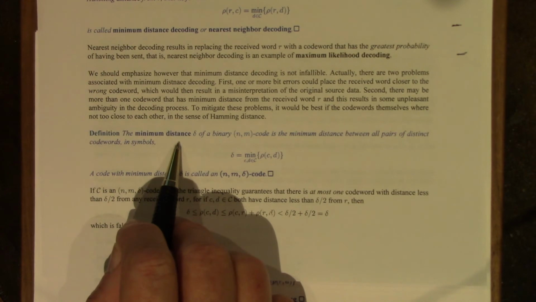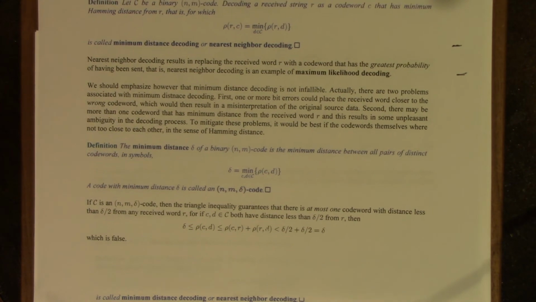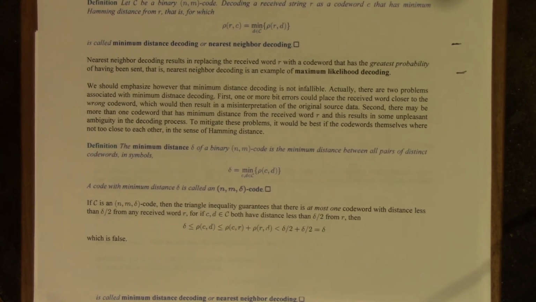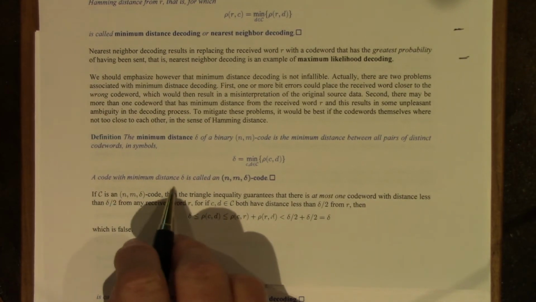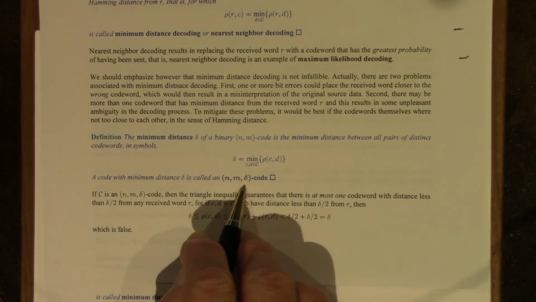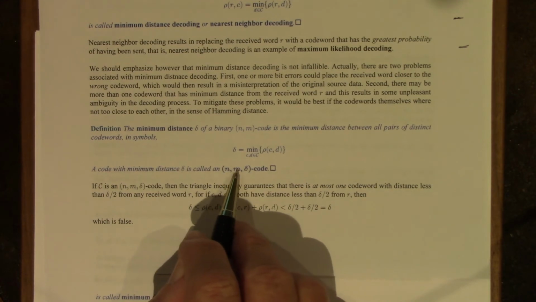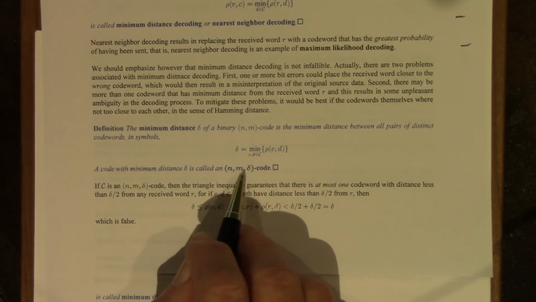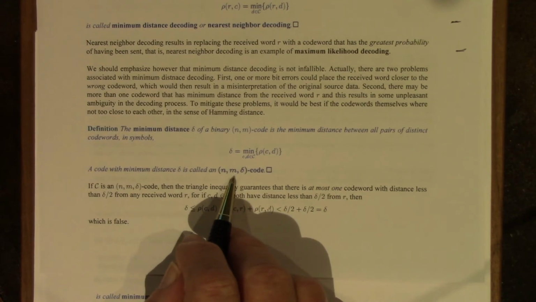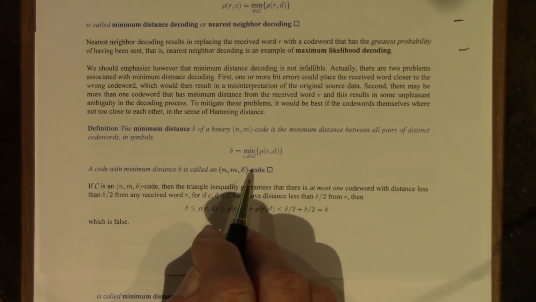The minimum distance, delta, of a binary (n, M) code is the minimum distance between all pairs of distinct code words. And a code with minimum distance delta is called an (n, M, delta) code. So these are the parameters of the code: code word length, number of code words or size of the code, and minimum distance of the code. These are the three key parameters of a binary code, or any code actually, but most codes are binary.